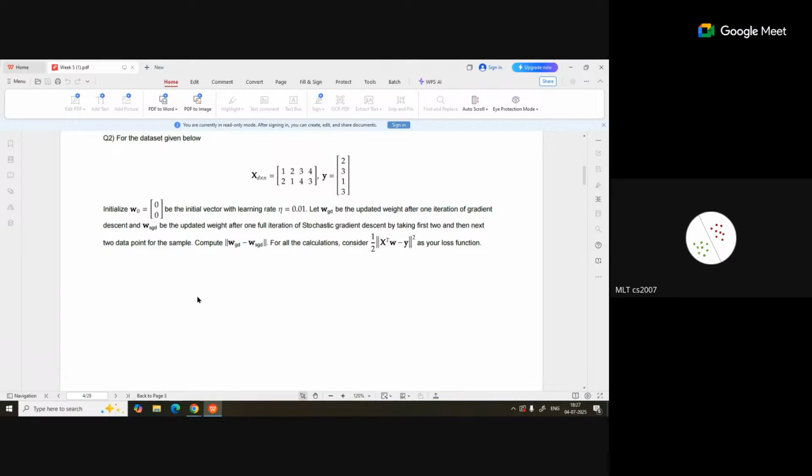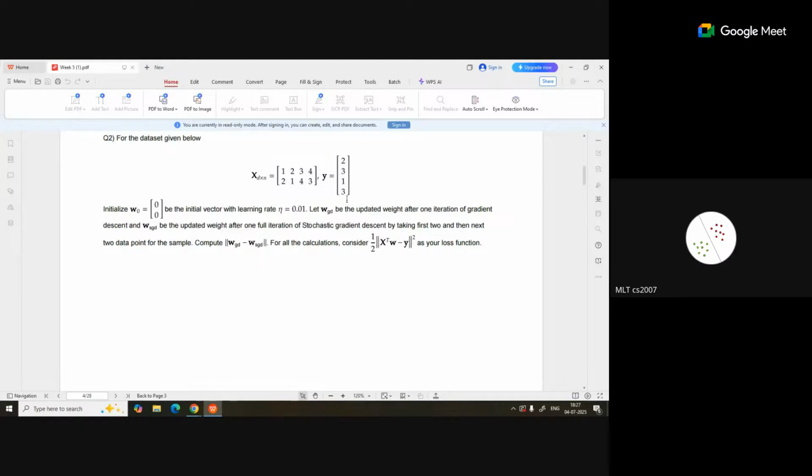What is this? This is a stochastic gradient descent problem. So initially, you have to consider only these two data points first, and then the later two data points. Fine, and then you'll have to find this WGD minus WSGD.